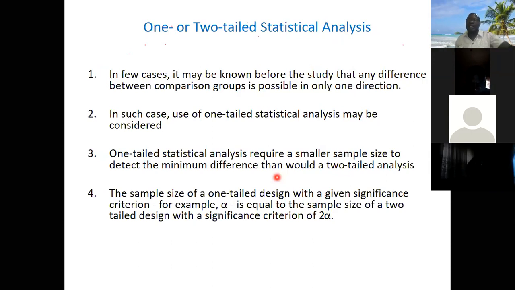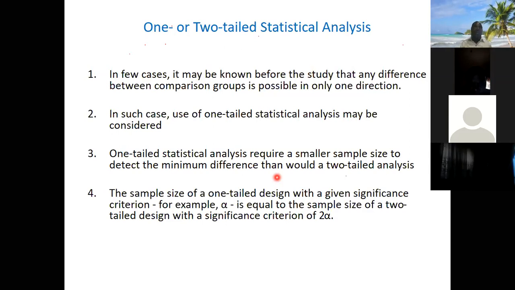It doesn't matter whether the anemia is higher among rural or higher among urban. You want to see if there is any significant difference in anemia between rural and urban. So it's 2T. Either one can be higher, either can be lower.